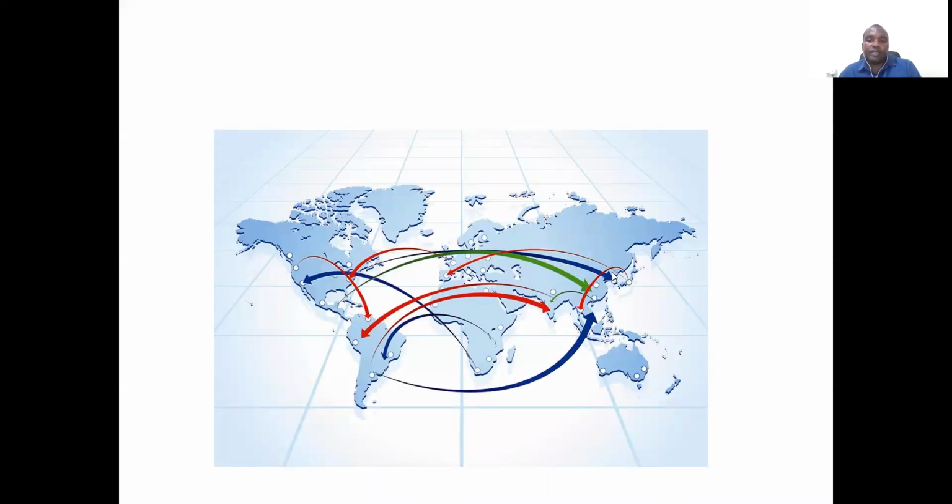The purpose of this picture is to illustrate the flow of goods and services. For instance, if you check from South America, some goods they are related to East Asia, Southeast Asia. From South Africa, some goods are related to the United States of America.